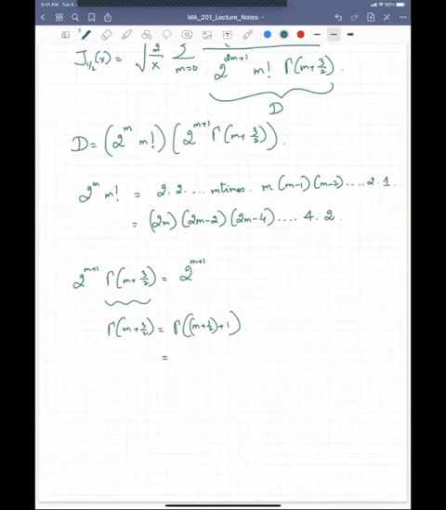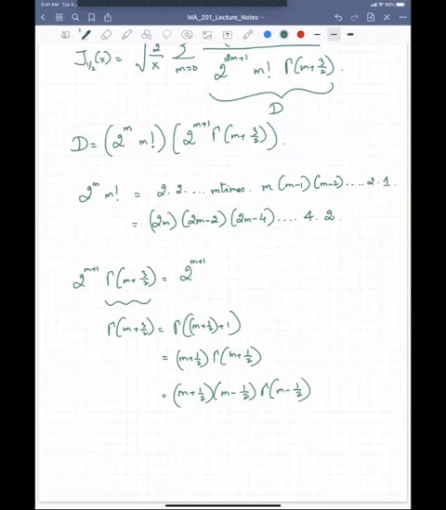So this would be equal to nu gamma nu, so this would be equal to m plus 1/2 gamma m plus 1/2. Again, this can be written as m plus 1/2 m minus 1/2 gamma of m minus 1/2, and I can keep going this way. So I can write this factor as m plus 1/2 m minus 1/2 m minus 3/2, and so on and so forth, all the way till 3/2 times 1/2, and the very last thing that I will end up with is gamma of 1/2.